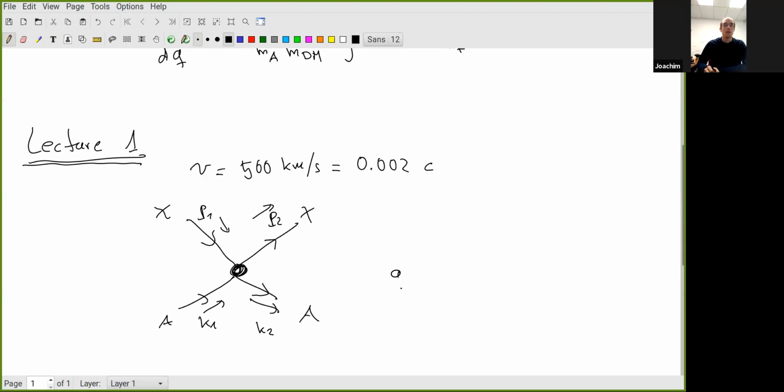Then we define the momentum transfer just as the difference, K2 minus K1. That's the final nucleus momentum minus the initial nucleus momentum. That's the momentum transfer, and by energy conservation, that's the same as P1 minus P2.